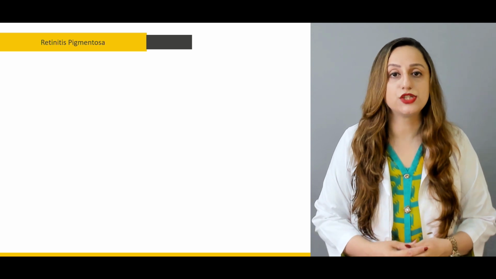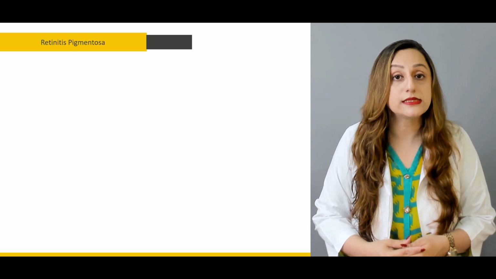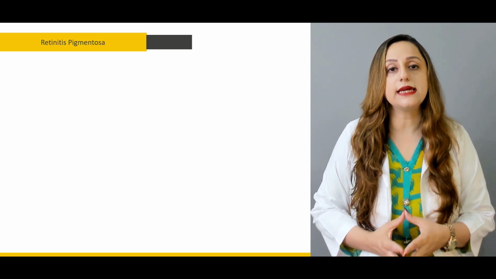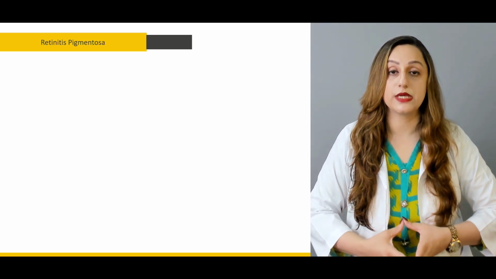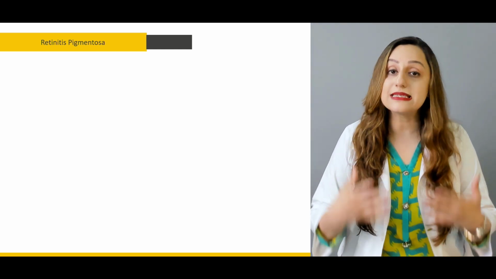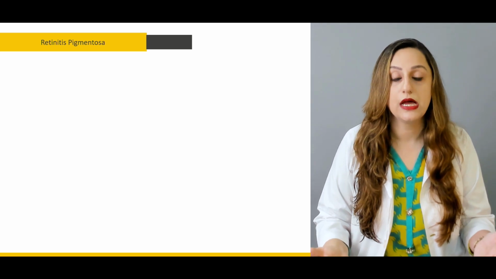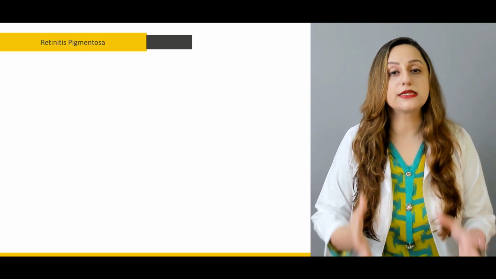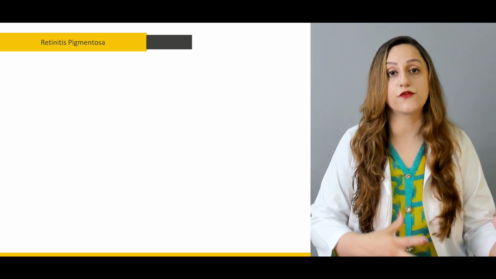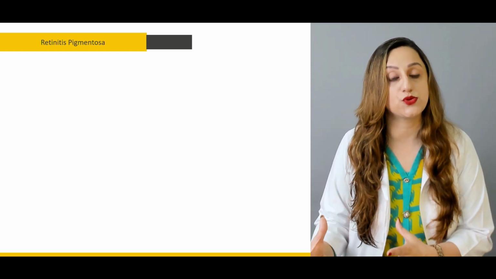Now we have another condition known as retinitis pigmentosa. Retinitis pigmentosa is, again, as I would like to emphasize, not an infectious condition, but it is an inflammatory condition. You have to distinguish between these factors: infectious is quite different from the word inflammatory.